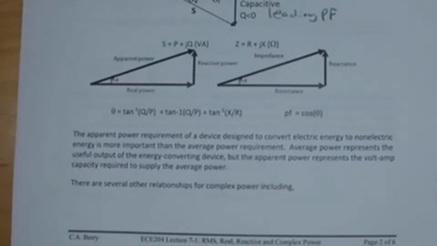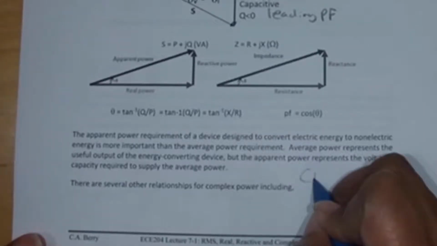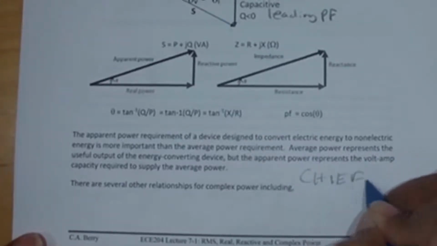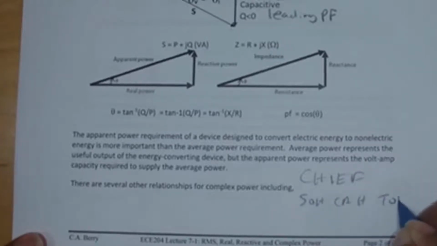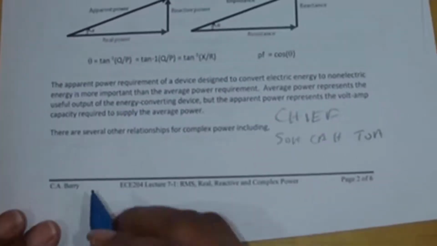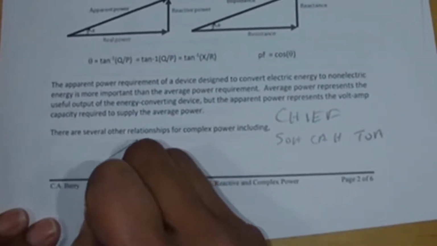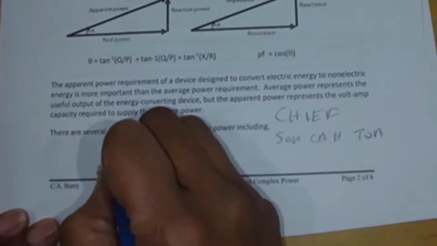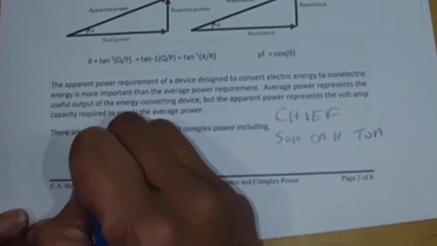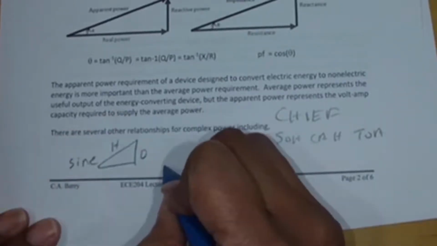So we can now use this triangle and our trig properties to solve for values, just like we did in our trig class. The main thing I need you to remember is Chief SOHCAHTOA. Did anybody learn that in high school? Anybody learned about Chief SOHCAHTOA in high school? Okay, so don't forget sine is opposite over hypotenuse. That's what SOH means, right?